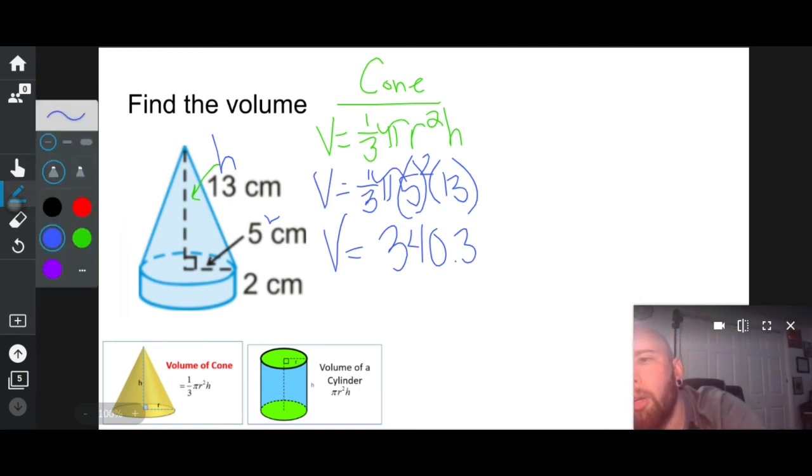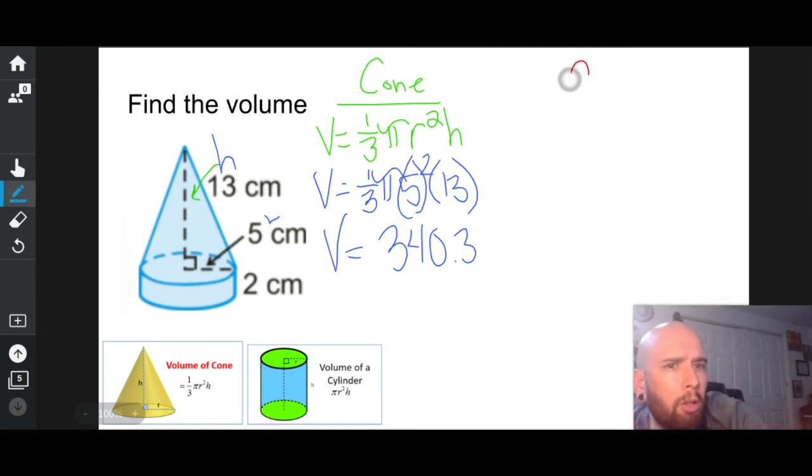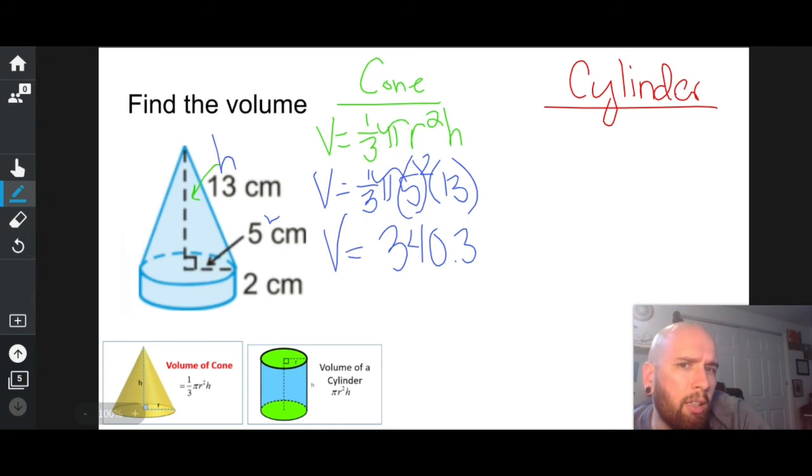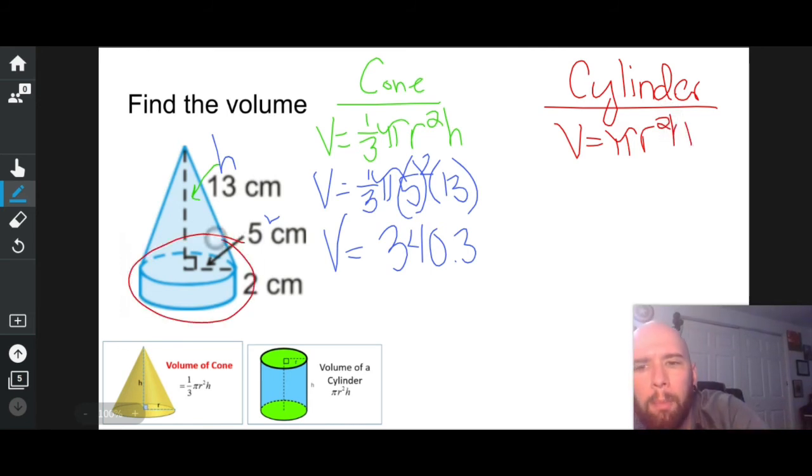That's my cone. Now I must find my cylinder. My cylinder is the other equation, and the equation is insanely similar to that of a cone. Pi r squared h. This is my cylinder down here. It has the same radius as the cone did, but it has a different height of 2.